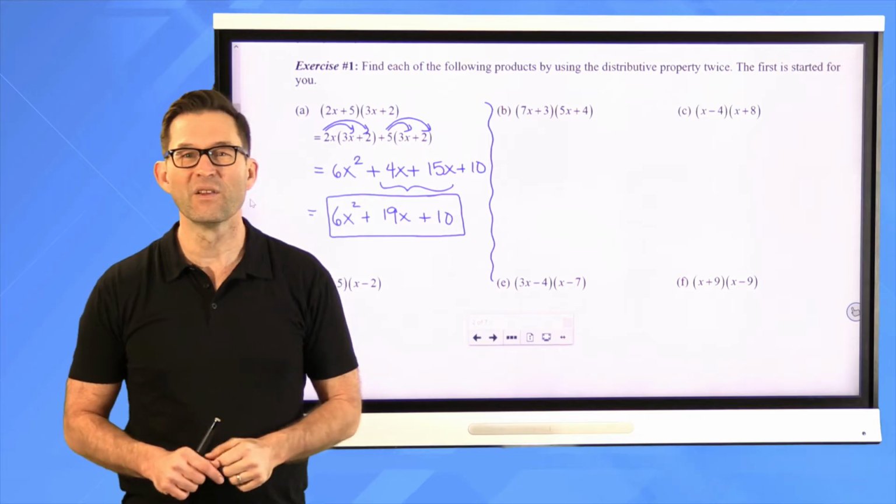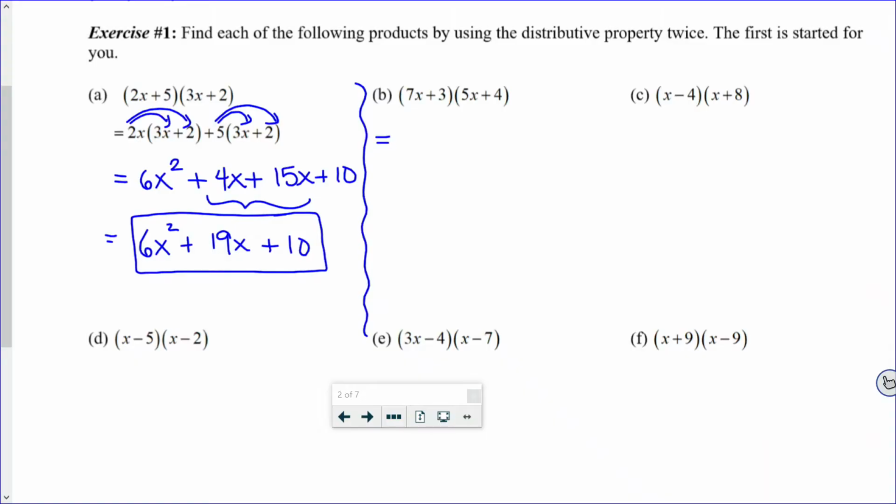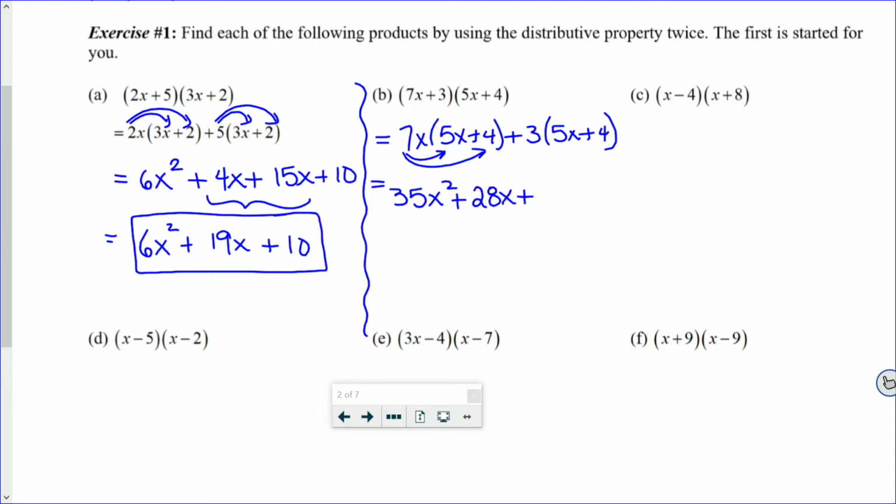All right, let's take a look at double distribution together right now. Here we go. So to begin, I'm going to take 7x and multiply it by 5x plus 4. And then I'm going to take 3 and multiply it by 5x plus 4. Each one of these problems is pretty easy by itself, right? 7x times 5x is 35x squared. 7x times 4 is 28x. 3 times 5x is 15x.